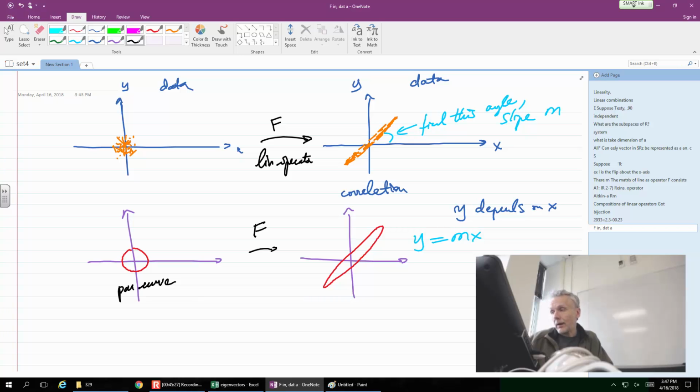You can see what's happening is we have to analyze f, and f stretches the plane in one direction much more than in the other. That's the key to this relation.